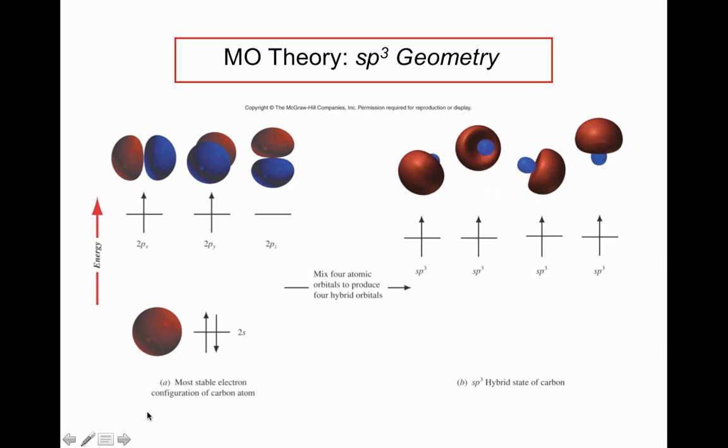The shape and geometry of methane is predicted by molecular orbital theory if we look at the individual shapes of each hybrid sp3 orbital. Remember, combining the 2s orbital with each of the three p orbitals produces four equivalent sp3 hybrid orbitals that have a large lobe of one phase indicated in red and a smaller lobe of opposite phase indicated in blue.